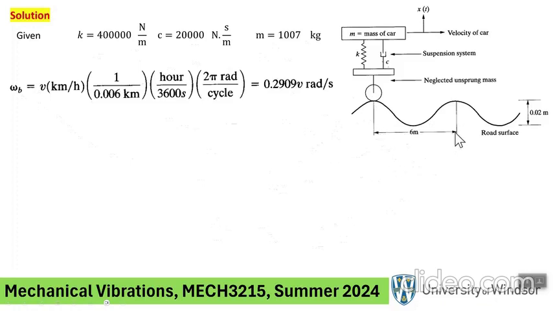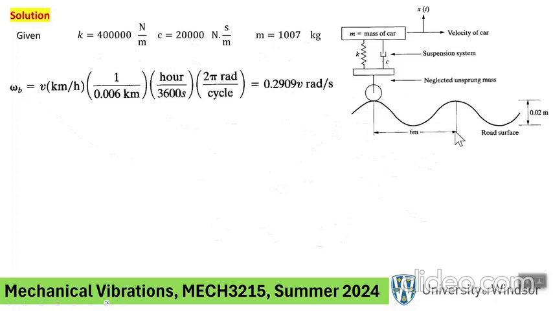The frequency in hertz is the flipped over version of that, so it's going to be V over 6 meters. The time period is 6 over V, and V over 6 is the frequency, but in hertz.